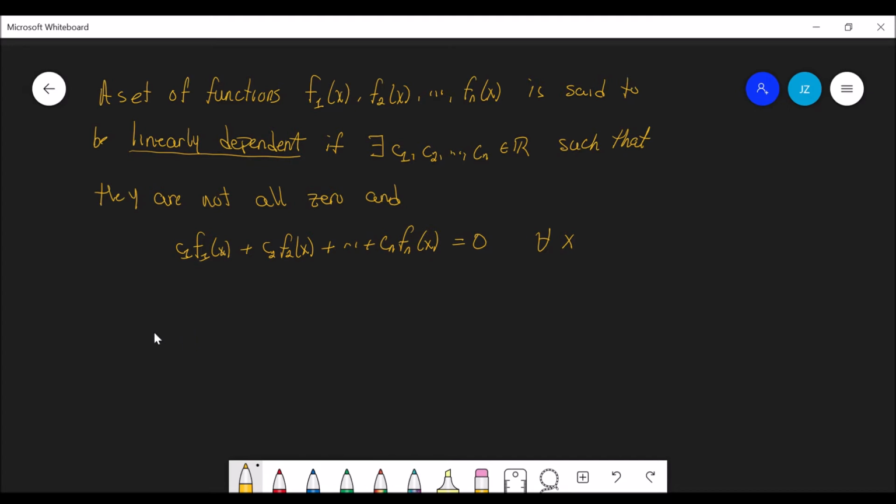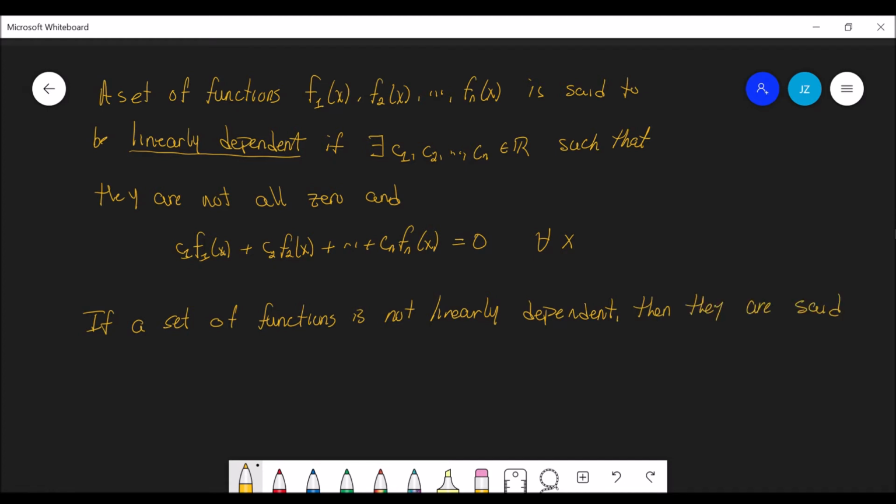If a set of functions is not linearly dependent, then they are said to be linearly independent.